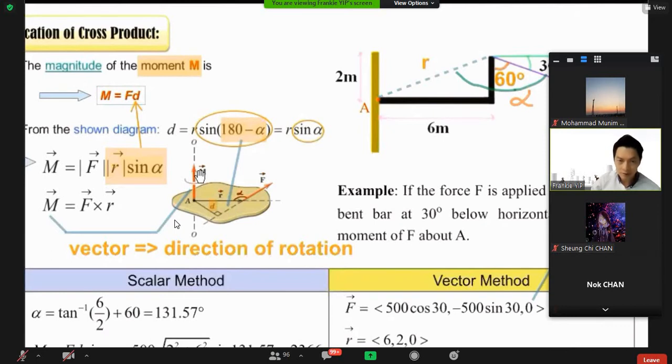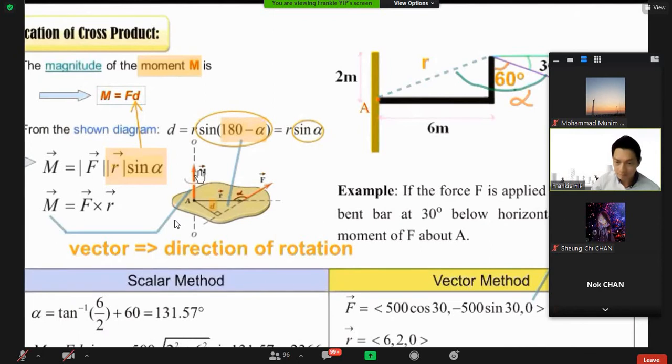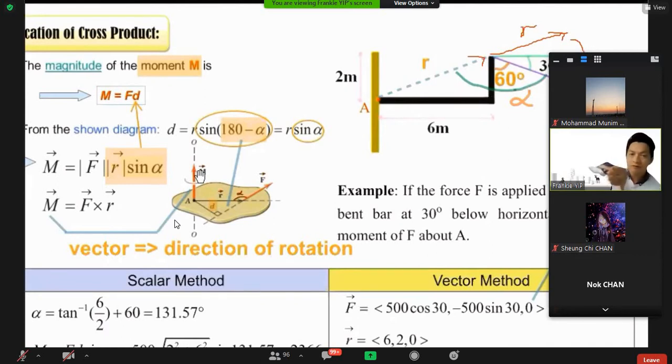Let me guide you with an annotation. This one. Because our vector is doing something like this. So if that is the case, this one is also our vector, right? So when you do R cross F, it is like this.